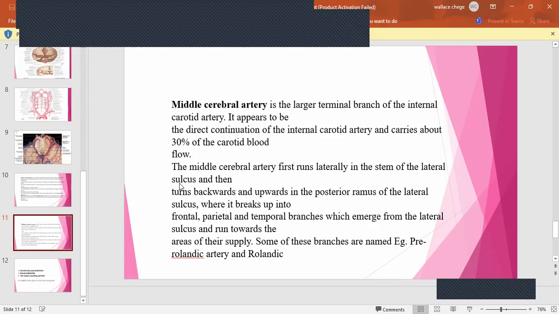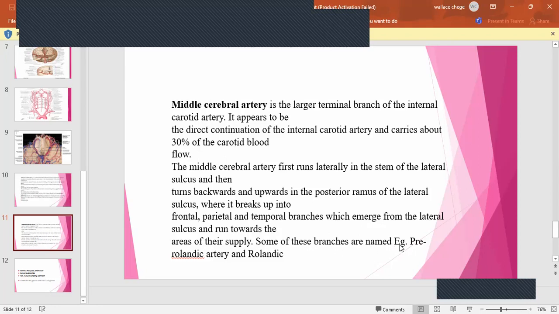Remember, the lateral sulcus is also known as the sylvian sulcus, and then turns backwards and upwards in the posterior ramus of the lateral sulcus, where it breaks into branches which are named according to the lobes to which they supply: frontal, parietal, and temporal. These emerge from the lateral sulcus and run towards the areas of their supply.